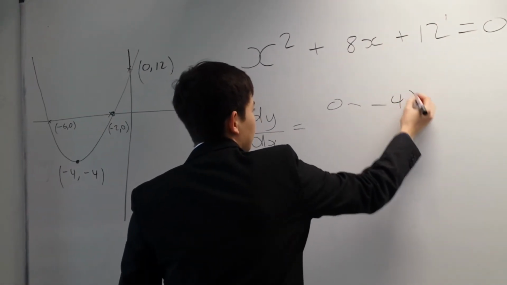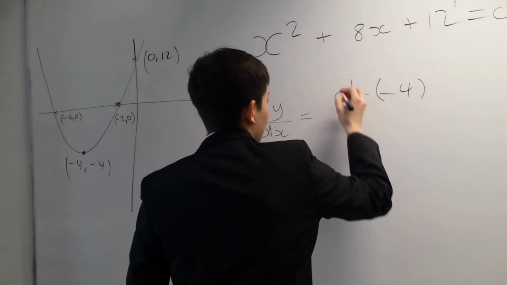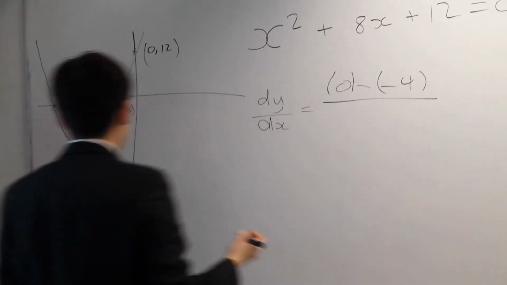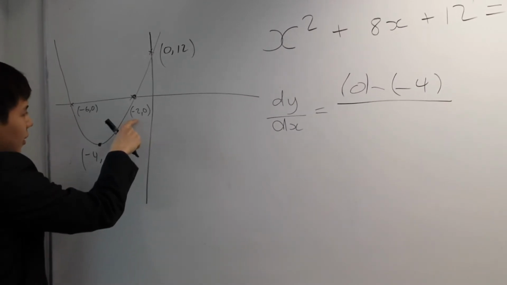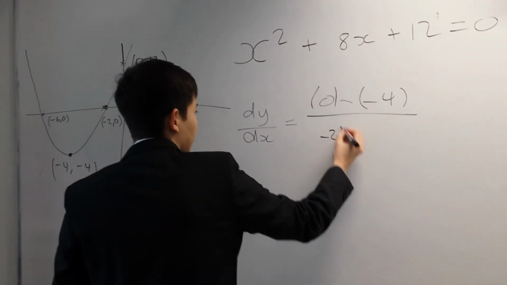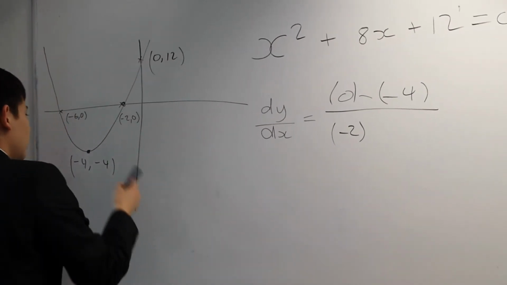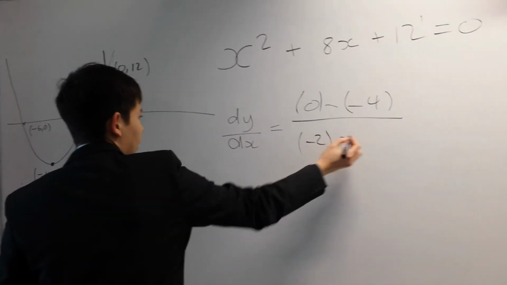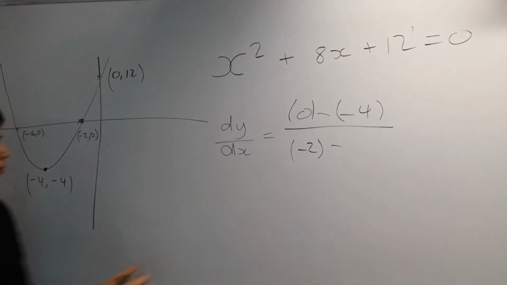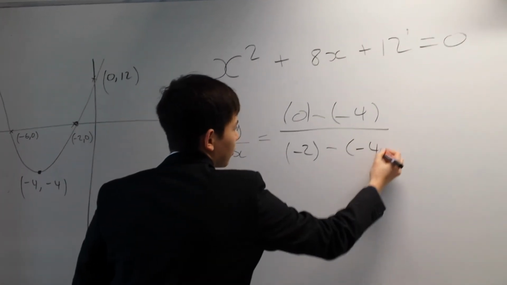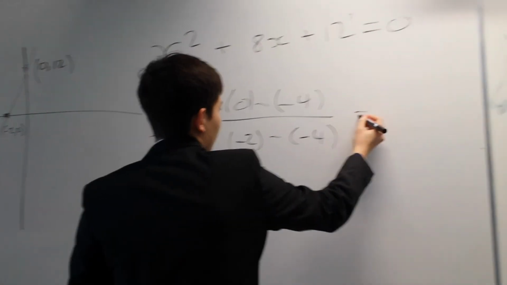And remember, we substitute using brackets all the time. Then we take the x value. Remember, this coordinate was given priority, so we take the minus 2 in brackets as always. It really helps. Then we put a minus sign, and we take this coordinate. And if we substitute it in with brackets, we get that.